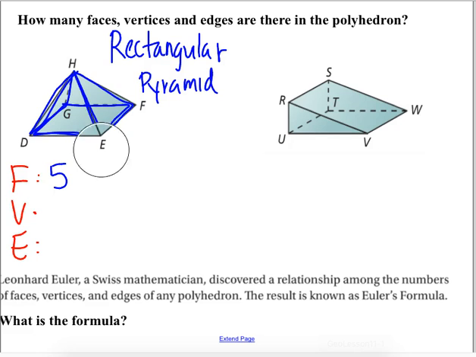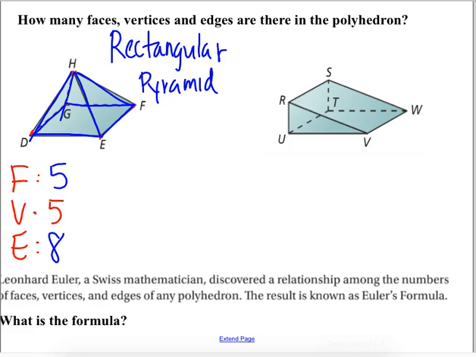Okay, now how many vertices? 1, 2, 3, 4 on the bottom and 1 on top, so 5. And then how many edges? 1, 2, 3, 4 on the bottom, 5, 6, 7, 8 on top, which make up your sides.